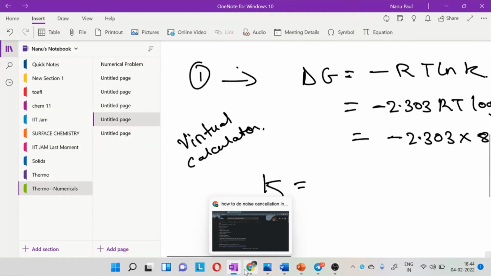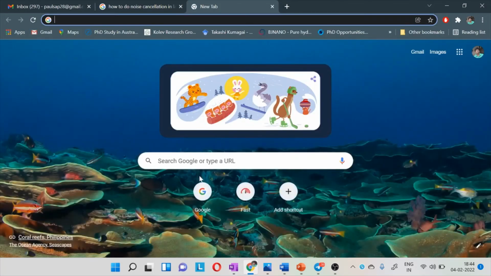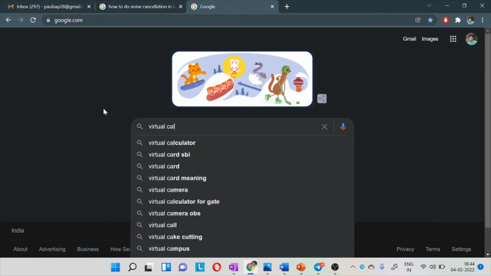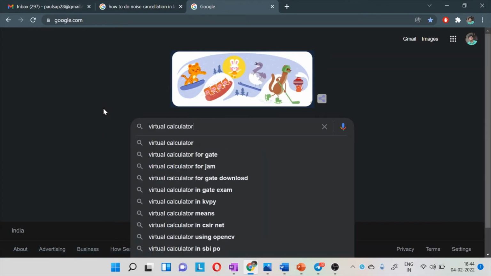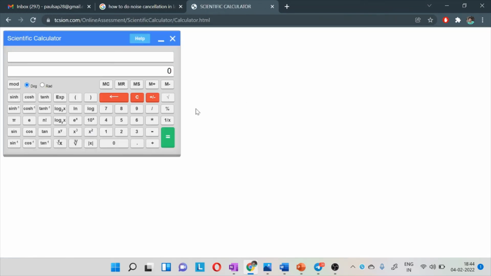I will just show you. Let me see if I can share the screen or not. Scientific calculator. So try it once over here with this anti-log, and this will be 10 to the power x.